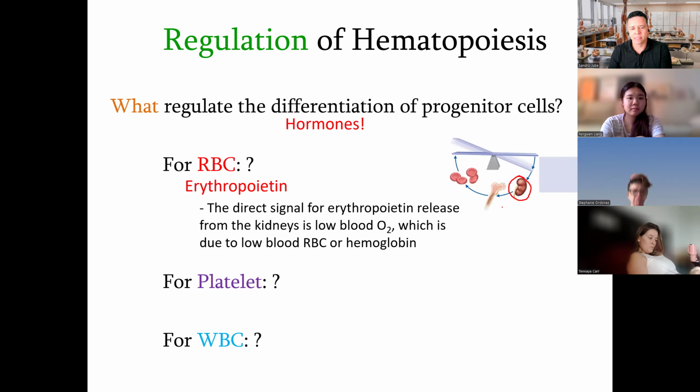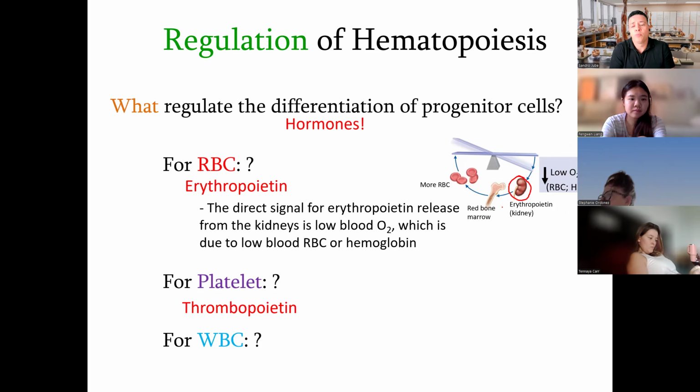What about for the platelets? We have a different hormone called thrombopoietin, which is also produced by the kidneys. So again, when the platelet number is low, the kidneys are going to secrete thrombopoietin. Thrombopoietin, the hormone, is going to go to the red bone marrow and is going to lead to the differentiation of the hemocytoblast into platelets.